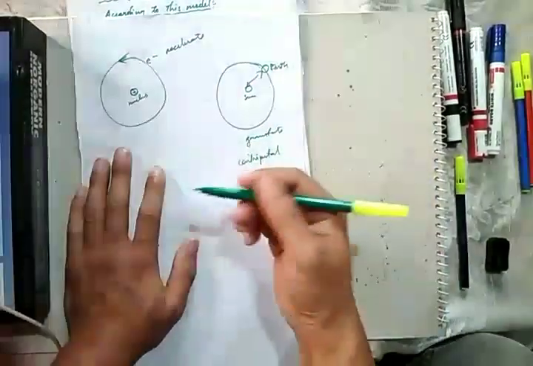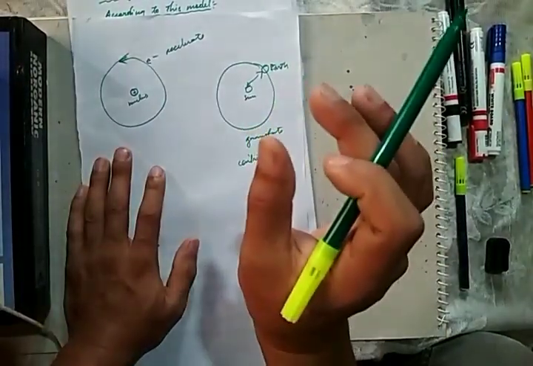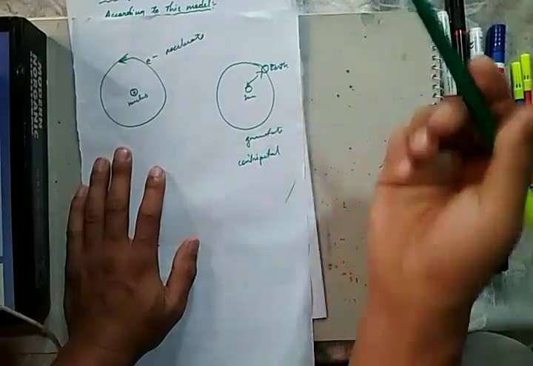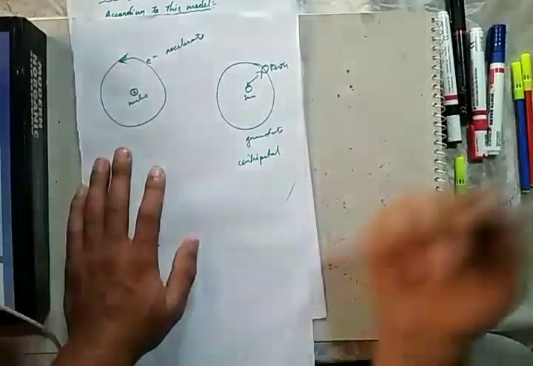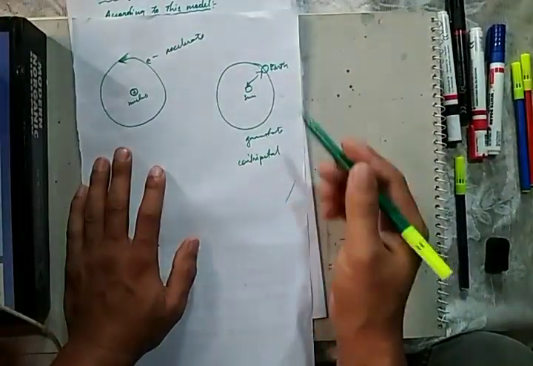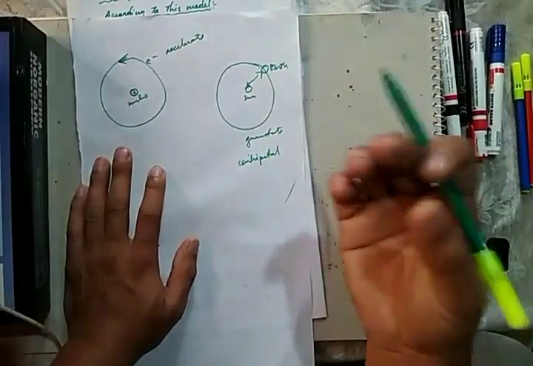Like when you take a thread, tie a ball or stone to it and spin it, it revolves and comes to a stop when you stop moving it.